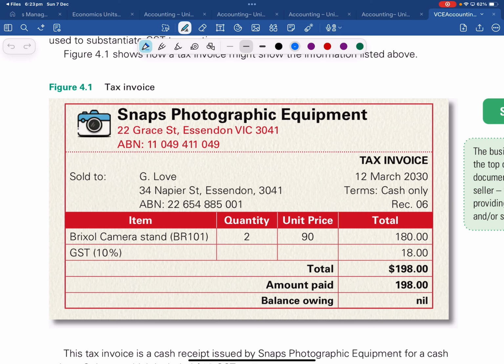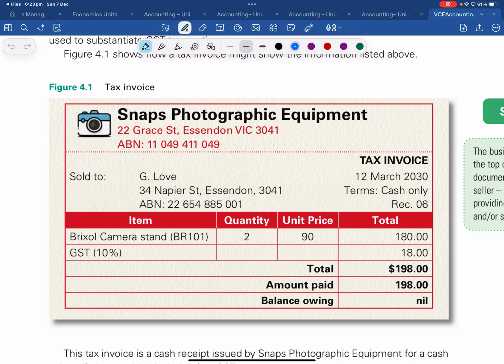For the customer, it's a confirmation of the payment of money.